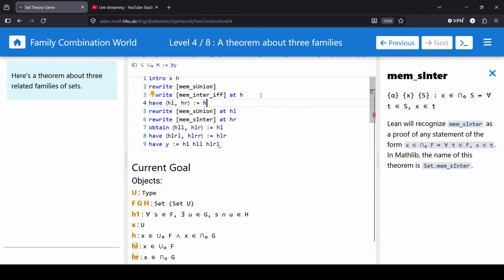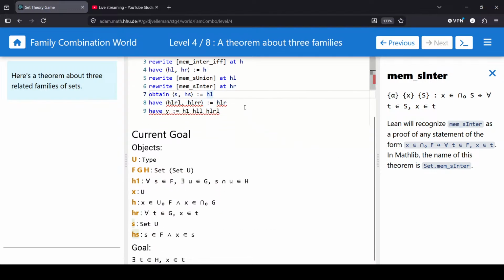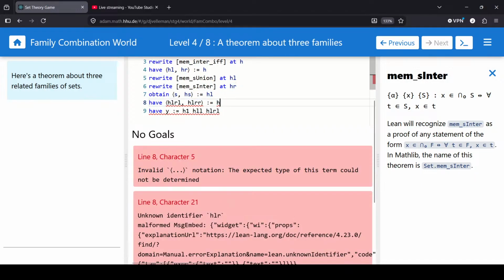So where did I go wrong? Or maybe not wrong, but where did I start doing that? So here's where they had the existential. I went and I broke this one down. Okay, yeah. So this one should be S. And then this one would be HS.